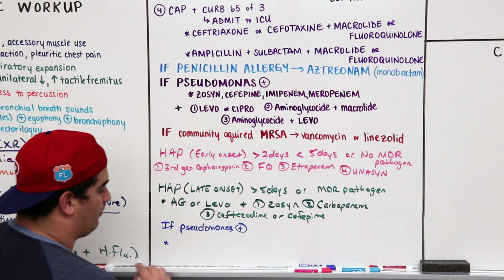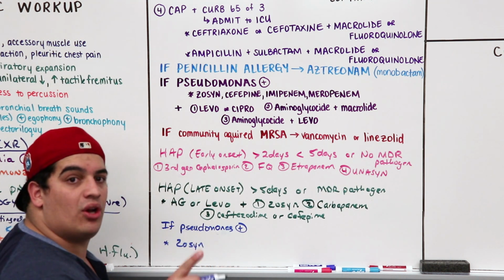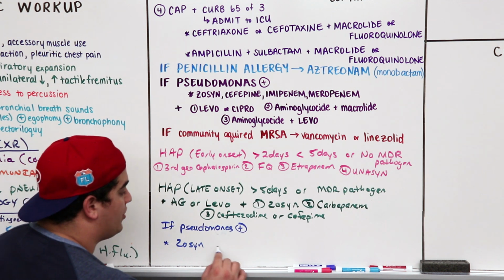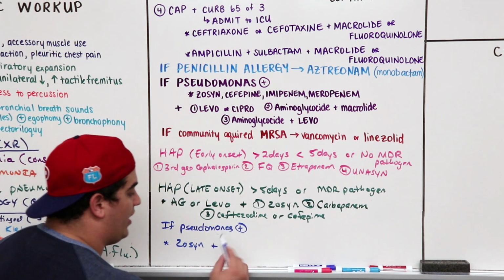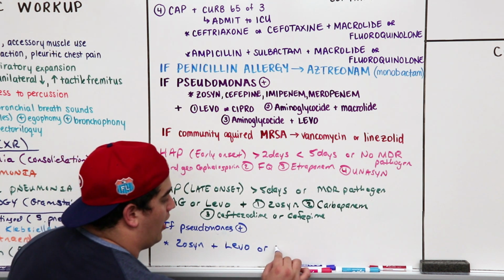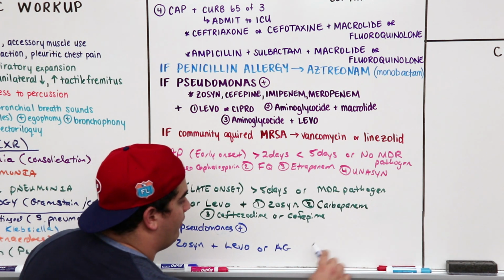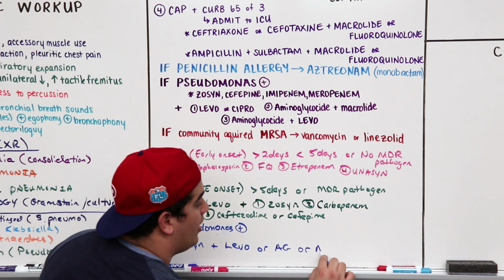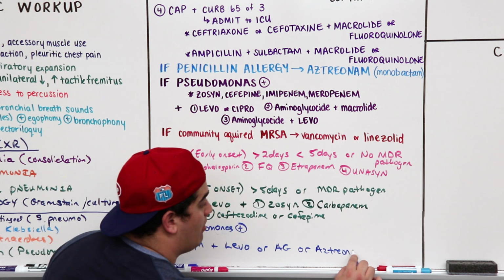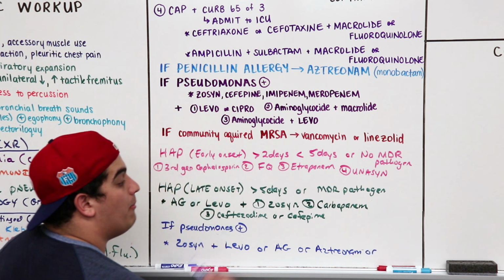So what could we do? Well, we could give Zosyn again, but if we give Zosyn, we have to give Zosyn plus a couple different options. We could give Levo, we could give an aminoglycoside, we could give Aztreonam, which is a monobactam, or we could give meropenem.